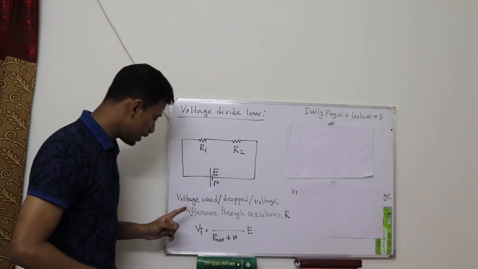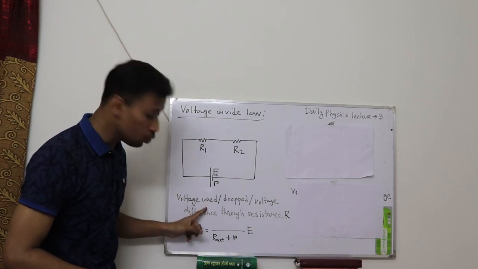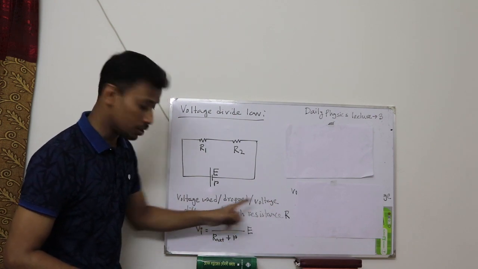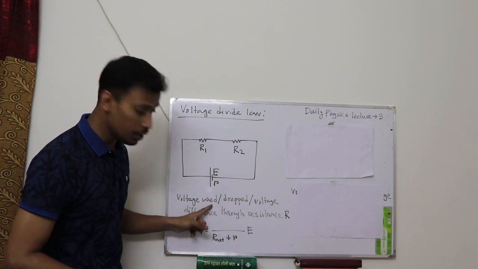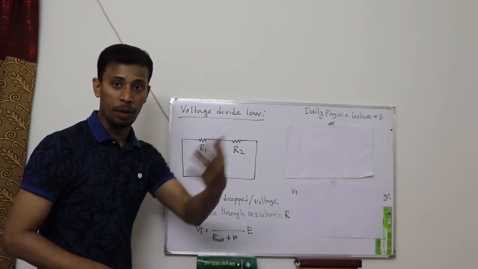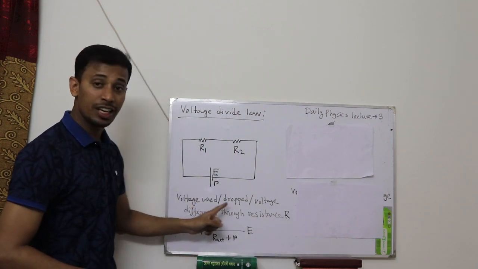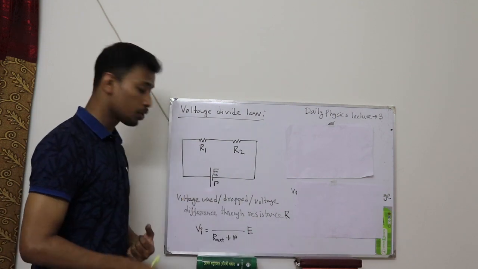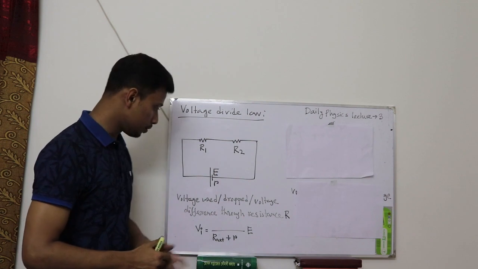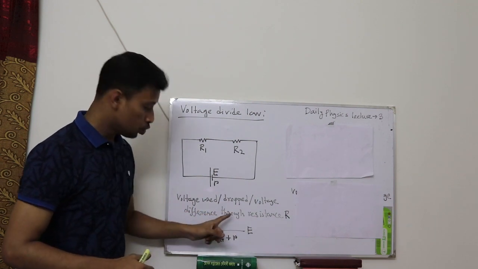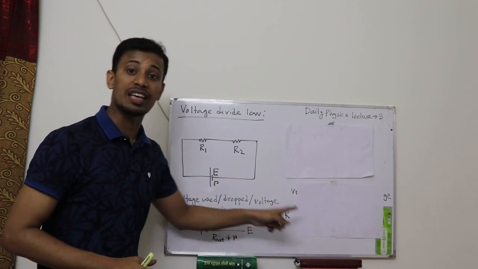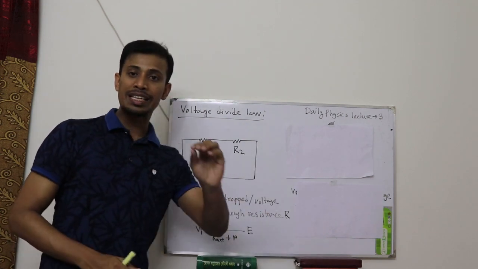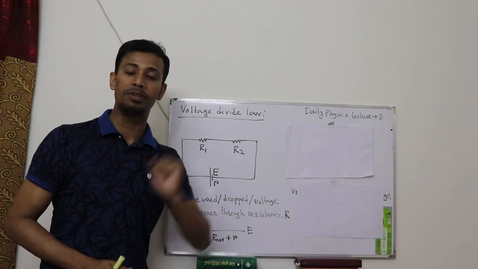The voltage divide law says that the voltage used by a particular resistance R, the voltage dropped at R, or the voltage difference between two sides of the resistance R, are the same question and the answer will be the same.